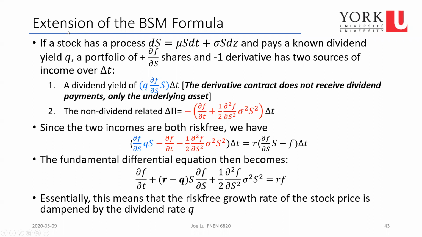Now let's take a look at how we can adjust the analysis related to deriving the fundamental PDE by taking into consideration the dividend payment. In this case, let's first look at the situation where the stock pays a continuous dividend yield at a rate of Q. Again, the process is very similar.